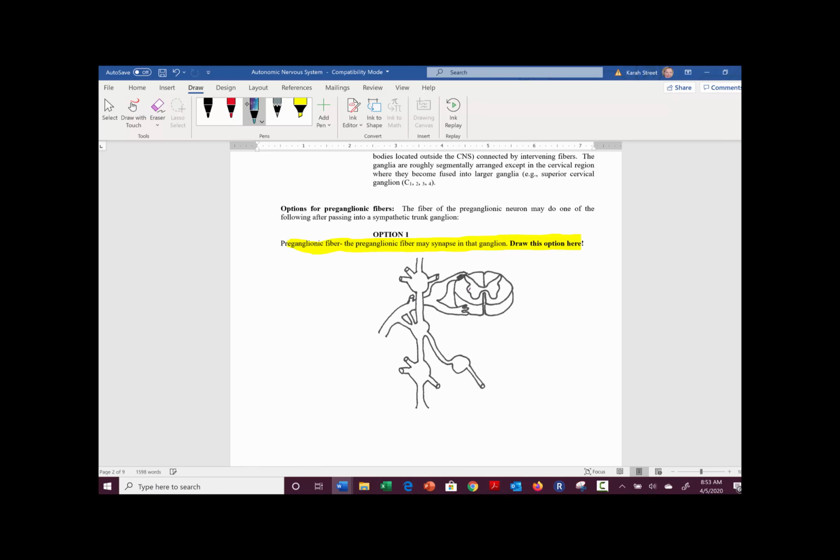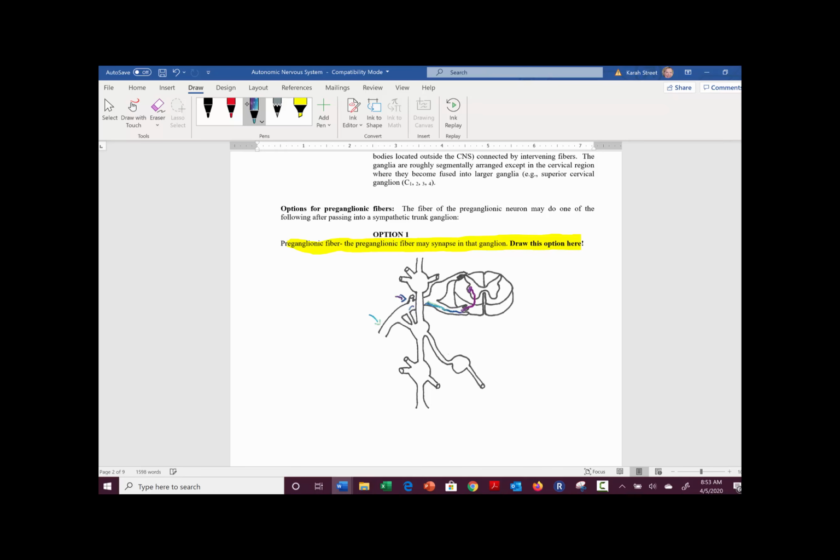Here is our preganglionic cell body. It exits through a ventral rootlet, enters a ventral root, travels now in a spinal nerve. That spinal nerve branches into a posterior or anterior primary ramus.